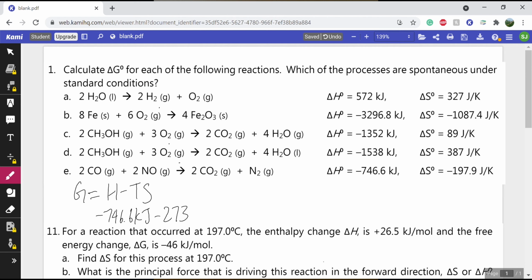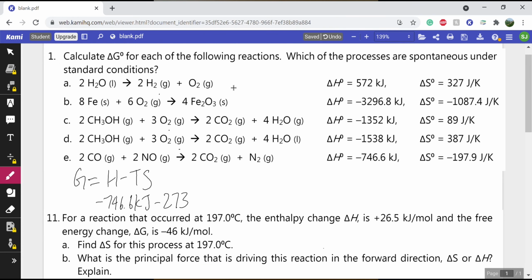So it's 273 degrees Kelvin, times delta S, which is negative 197.9 J per K. Since this is in J, we're going to convert it to kilojoules, so 1000 joules per 1 kJ. We'll be dividing this by 1000. So now we just use our calculator.